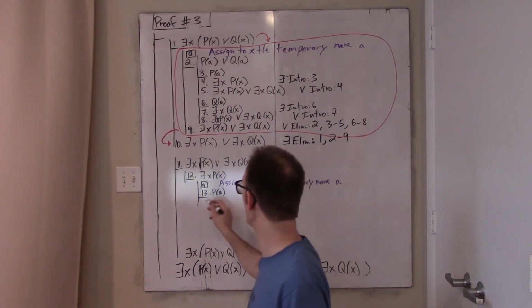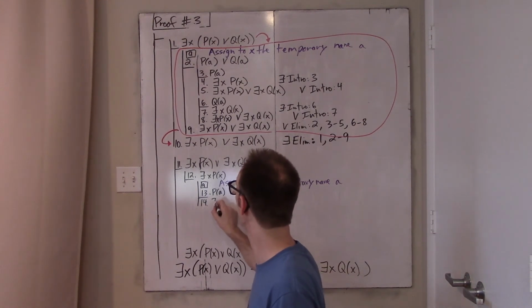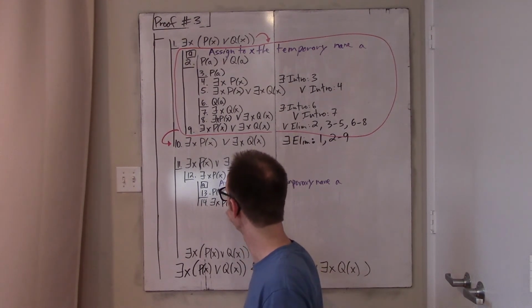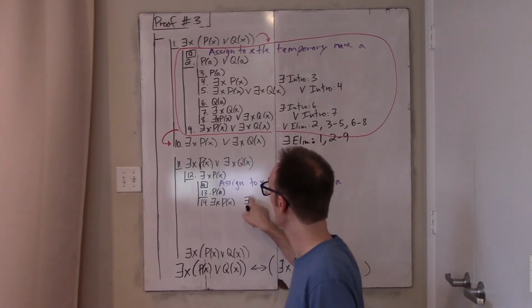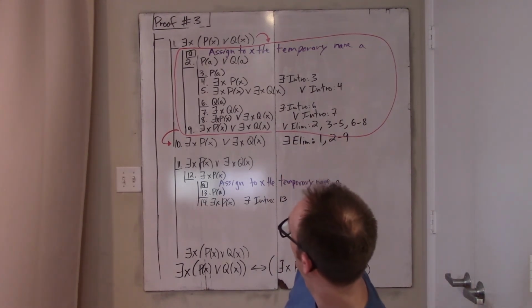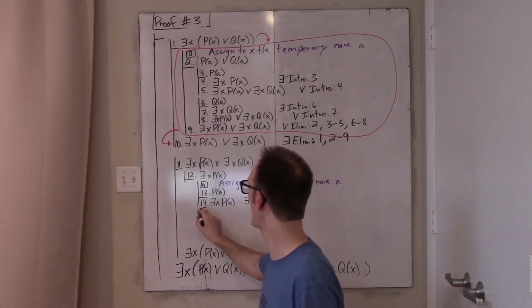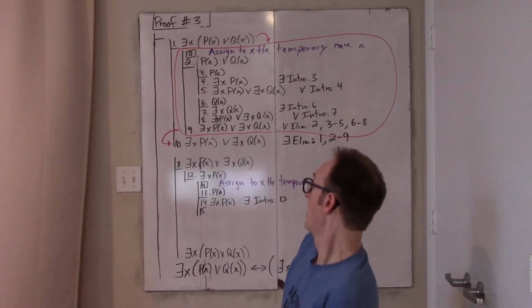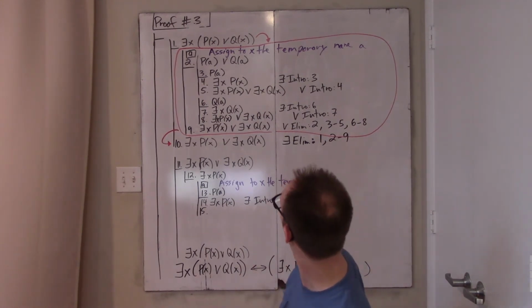So this is P of A, so what do I get? In line 14 now, I'm going to say, okay, well, then that means that there exists an X with property P. This is existential intro, line 13, because if A has property P, then someone has property P. And finally, I say that, oh, I think I messed up.